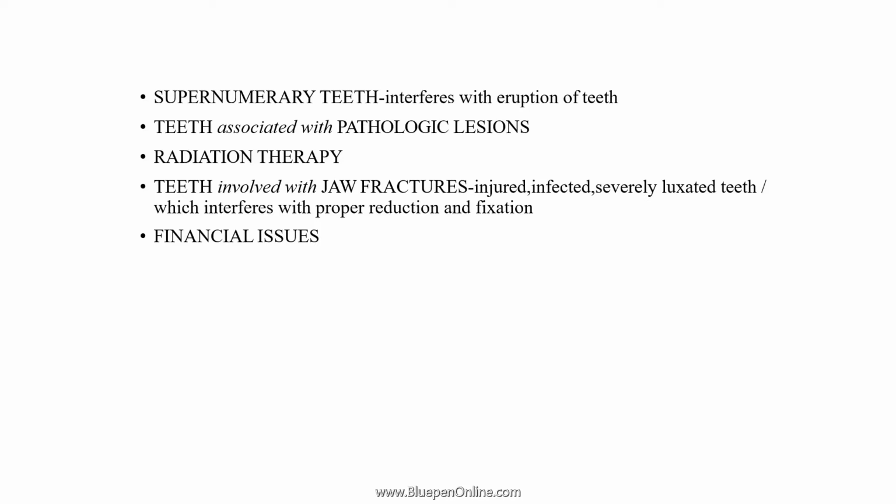Teeth which are associated with pathological lesions. Okay, radiation therapies. If the patient is going to undergo extraction soon after a radiation therapy, you can't do it, right? It's a contraindication. But the patient has to undergo the extraction if the prognosis is really poor just before going for a radiation.